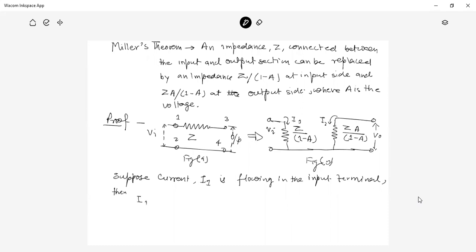Then I1 is equal to Vi minus VO upon Z. So take Vi common.